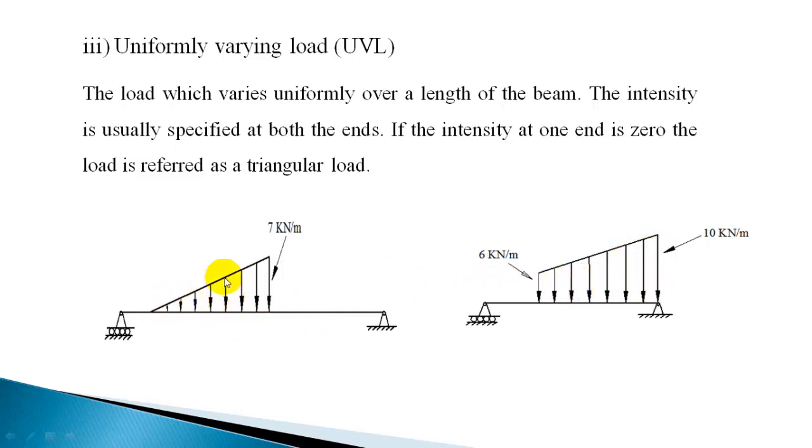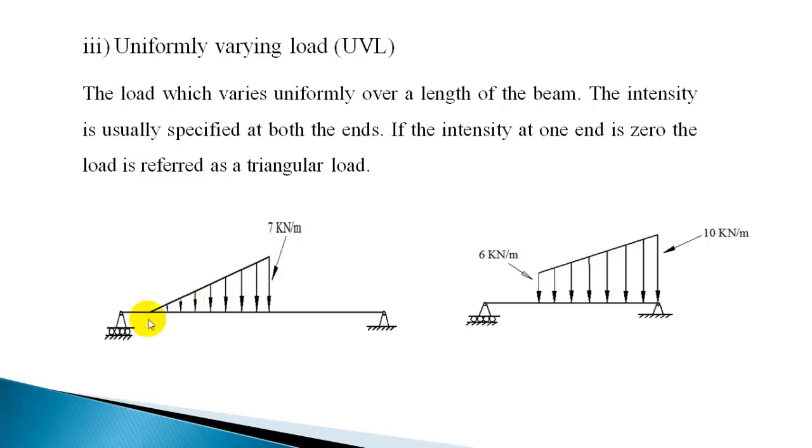The intensity is uniformly varying; it is not constant throughout. It is maximum here and 0 here in this case, and the variation is linear or uniform. So it is not irregular. You can have a non-uniformly varying load, but in this case the load variation is uniform.